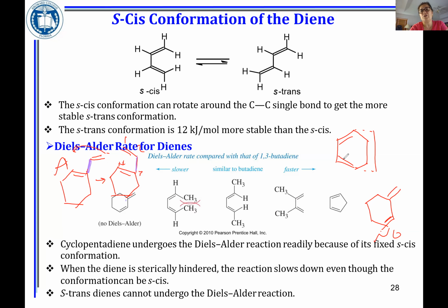But if your diene is in the cyclic system, cyclohexane even, cyclohexadiene, it's possible as long as it's conjugated and is in the cis position. It can go. Okay, that makes sense. Thank you. You're welcome.